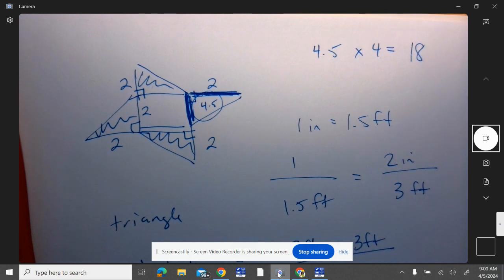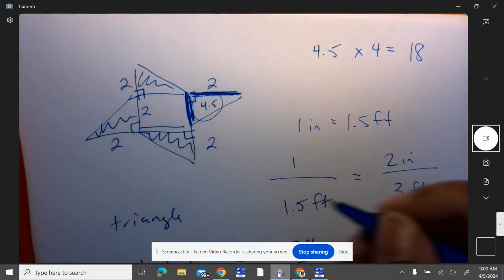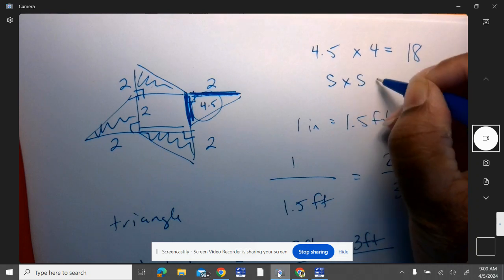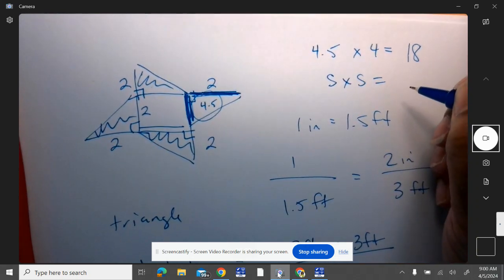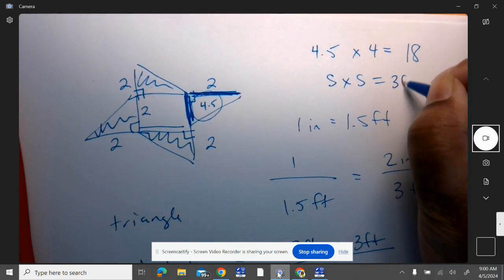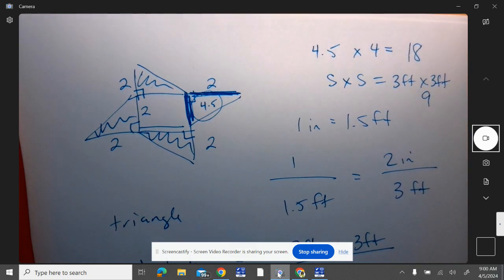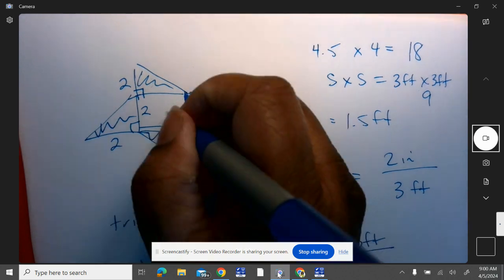So all I have left to do is try to figure out the middle. The middle is a square. So that is a different formula. That is the side times the side, so the length times the width. Okay. So that will be 3 feet times 3 feet, which is 9. So the area of the middle is 9.